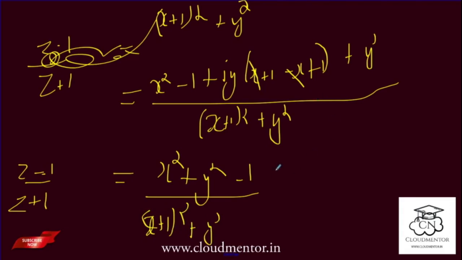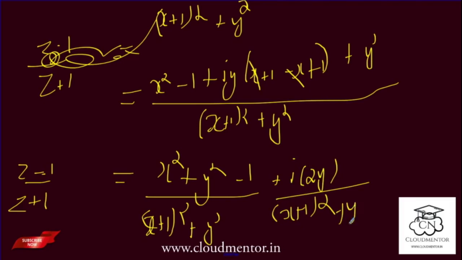And the imaginary part here is i of 2y, there is 1 plus 1, that is 2, so we get i of 2y divided by x plus 1 the whole square plus y square. Okay.